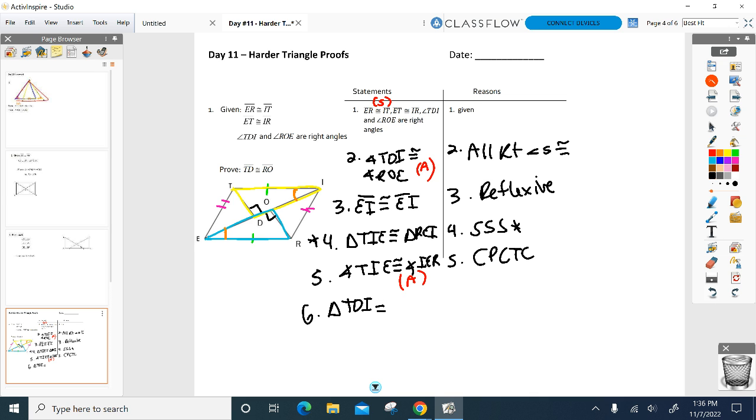Those O's and D's, we should put them closer to the vertex. And what method do we have there? Angle, angle, side. And now you have TD congruent to RO by CPCTC.